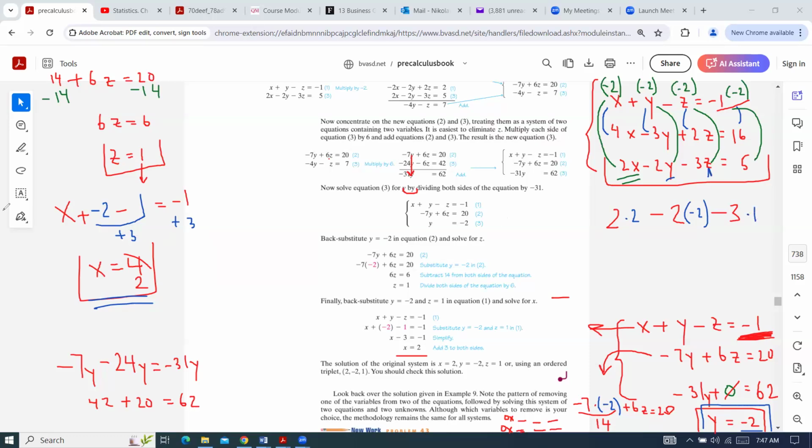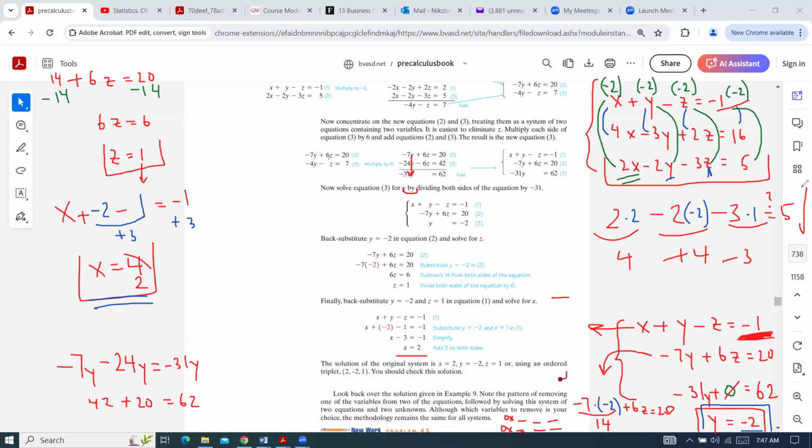Z was a very nice one. So the question is, are we getting 5 on the other side? We just need to check this out. 4, and that's a +4, and that's a -3. Yes, it works.